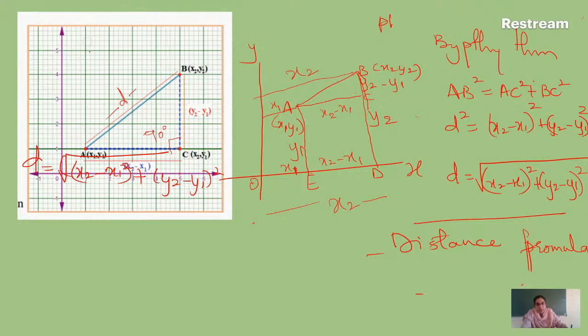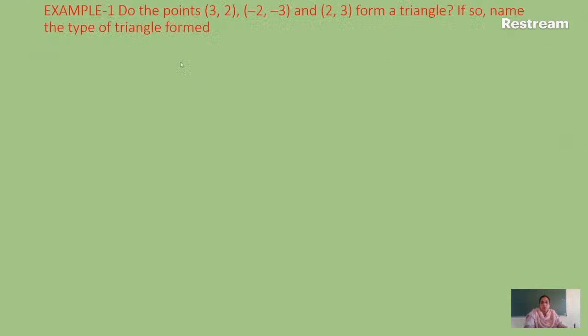Suppose this is a point here, say A and B or C. To find this distance, we use the distance formula where coordinates are given x1, y1 and x2, y2 in general. Then the distance is equal to root of (x2 minus x1) whole square plus (y2 minus y1) whole square. This is your distance formula that you are going to use.